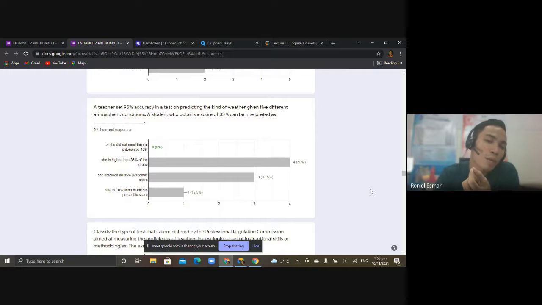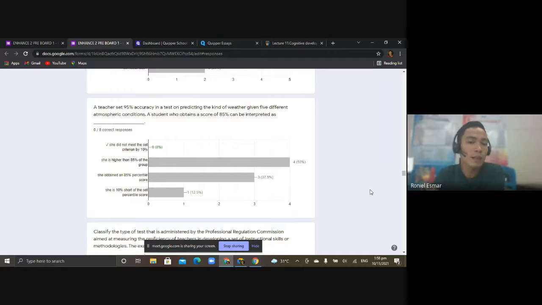Nya dili man na siya mao ang accuracy nga gimin sa teacher di anhi. Kaning nag-set ang teacher og 95% accuracy. This actually refers to the percentage or the standard nga kailangan ma-reach sa tanang estudyante para makapasar.